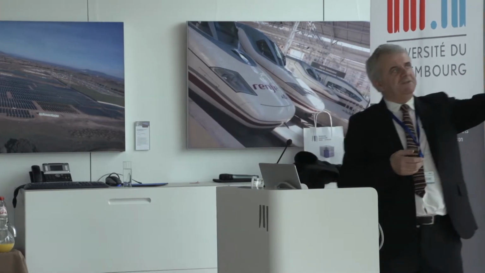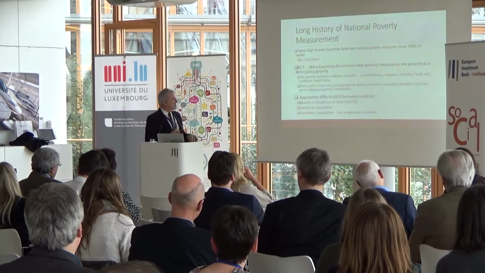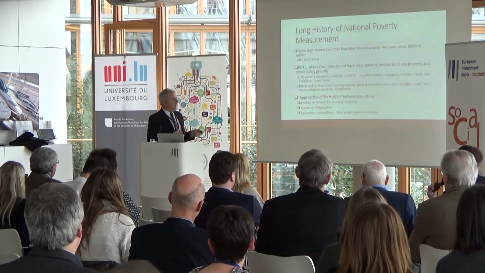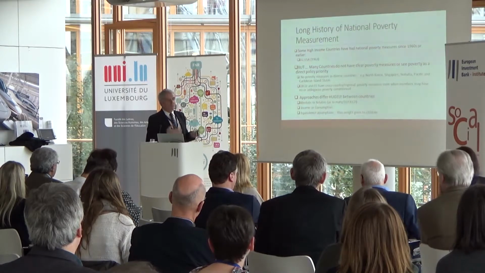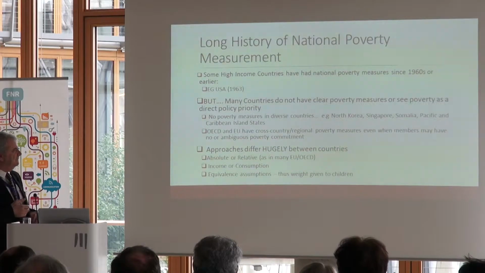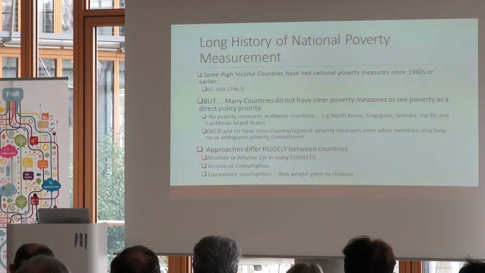So we have a difference in prioritization and political backing for poverty, but we also have huge differences in the way that it's measured. Is it absolute or is it relative? In Europe, we tend to think of poverty in relative terms, but in developing countries, it's nearly always an absolute measure that tries to capture basic subsistence needs.